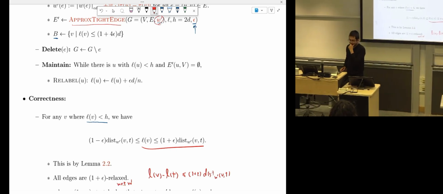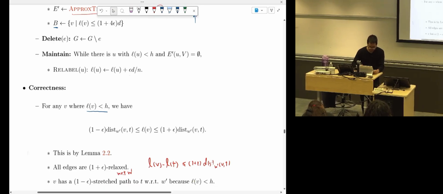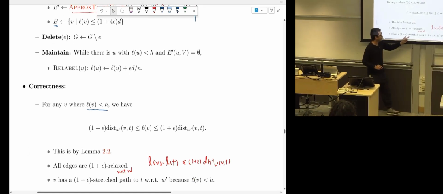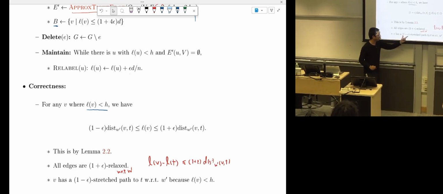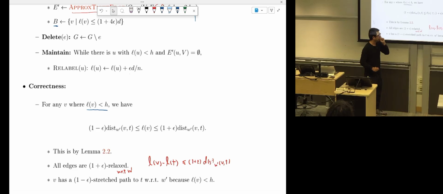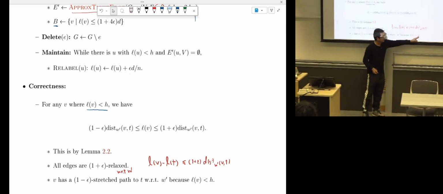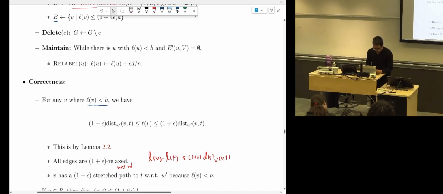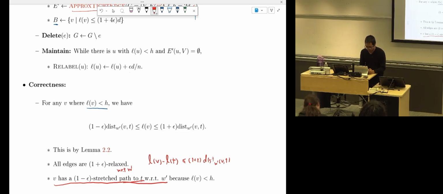For another side here, what do we know? We know that V has a stretch path to T. V has a 1 minus epsilon stretch path to T, because level of V is less than H. Do you see why V must have a stretch path to T?